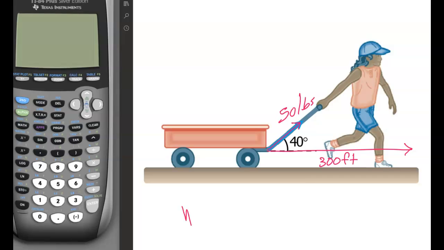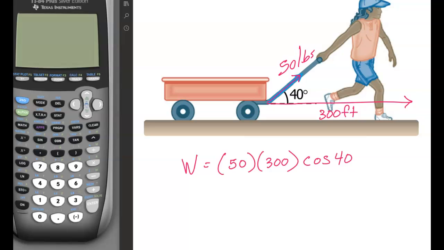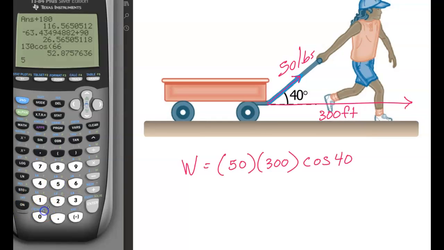So all you have to do to compute this work is the magnitude of the force, which is 50, times the distance, times what? Cosine 40. So we do 50 times 300 times cosine of 40.